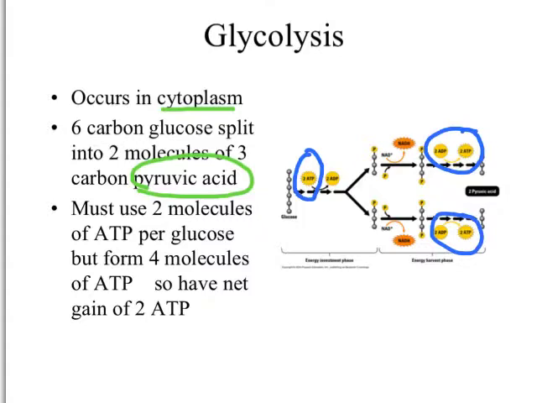And remember, ATP, or adenosine triphosphate, is the energy molecule in the cell. It's what the cell uses in order to live, survive, and do the chemical reactions it needs for the organism to survive.